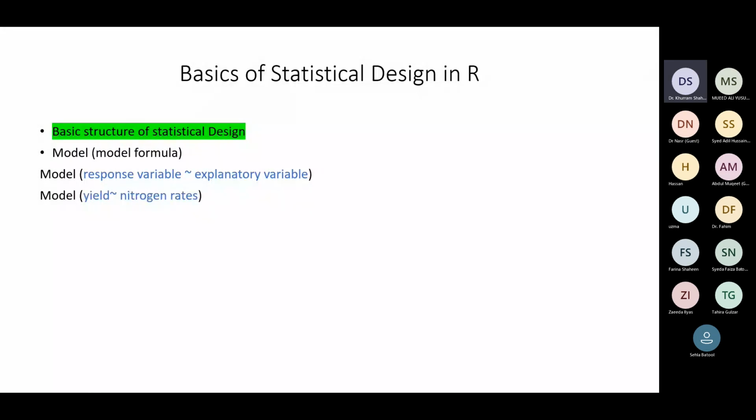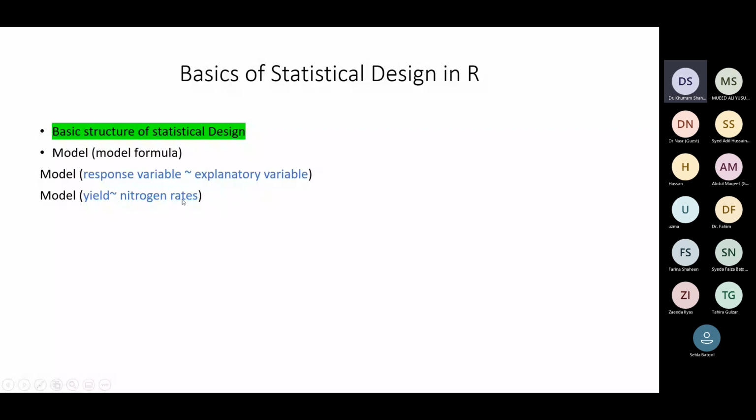Say we want yield and we want the effect of nitrogen rate on yield. We can write the model formula like that: your response variable, then your explanatory variables. This is your model formula. Your y-axis component, what you want, is the response variable, and the explanatory variables are your factors, your independent factors.